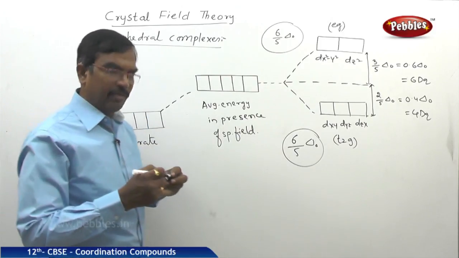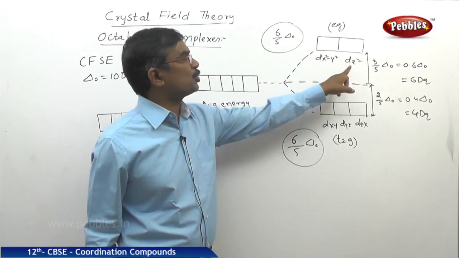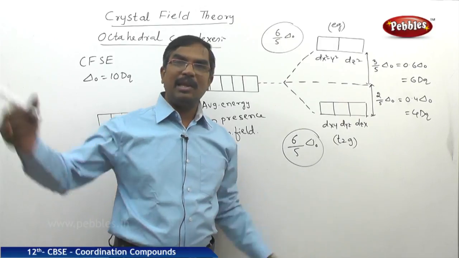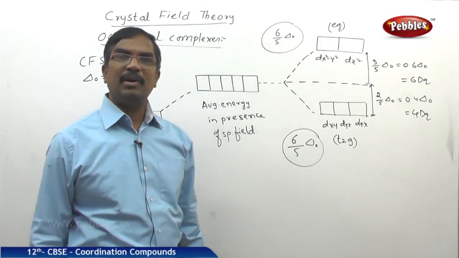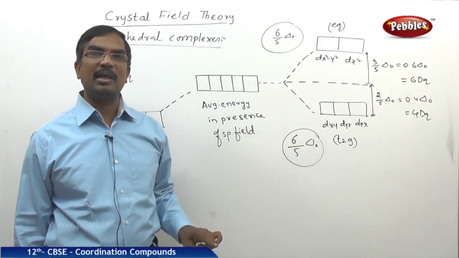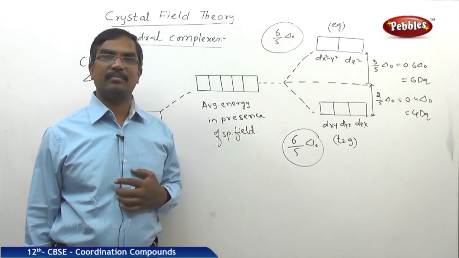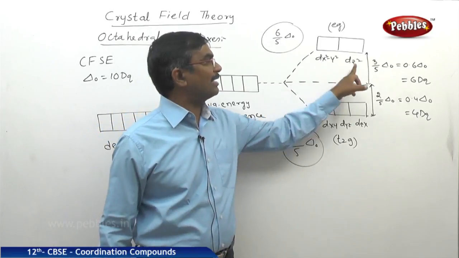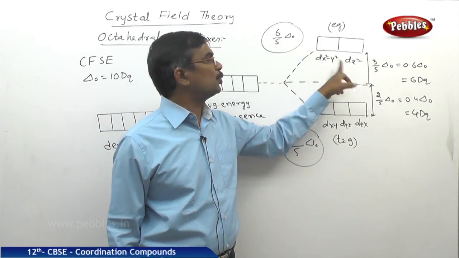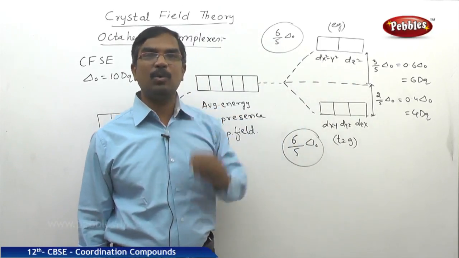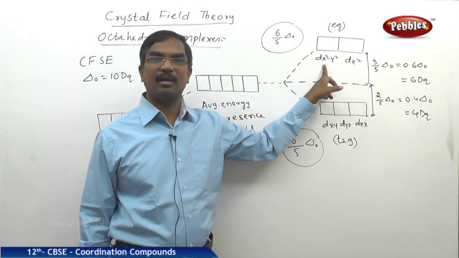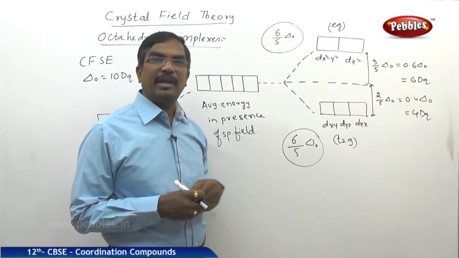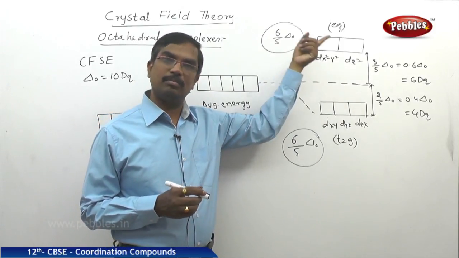This we call crystal field splitting in the case of octahedral complexes. And the very important thing is why these two have more energy compared to these: the ligands approaching here will compulsorily interact more with the axial orbitals, which are present along the axis, which are these two. So because of the field interaction, the energy of these two will increase more.